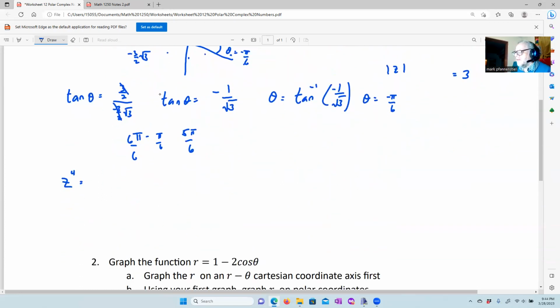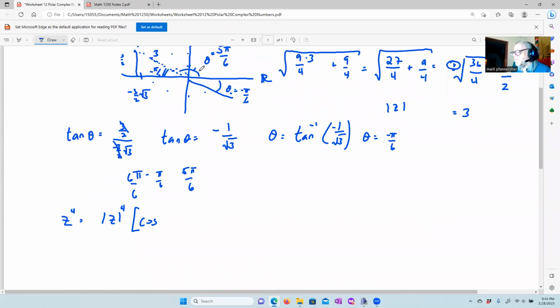So DeMoivre's law says that's going to be the modulus of z raised to the fourth times cosine of n theta, where n is the power I'm raising it to, n times theta, plus i sine of n times theta.